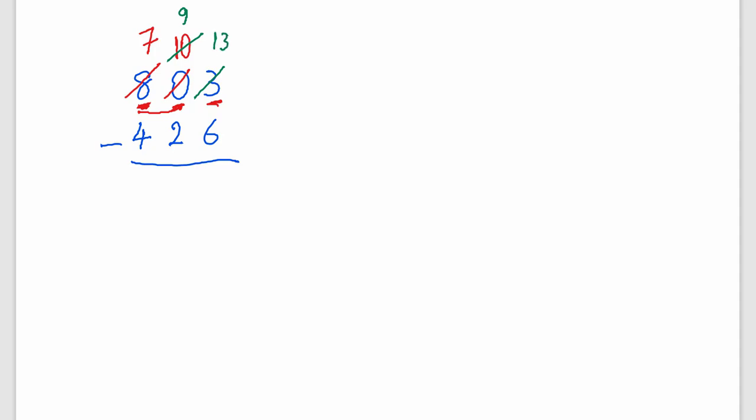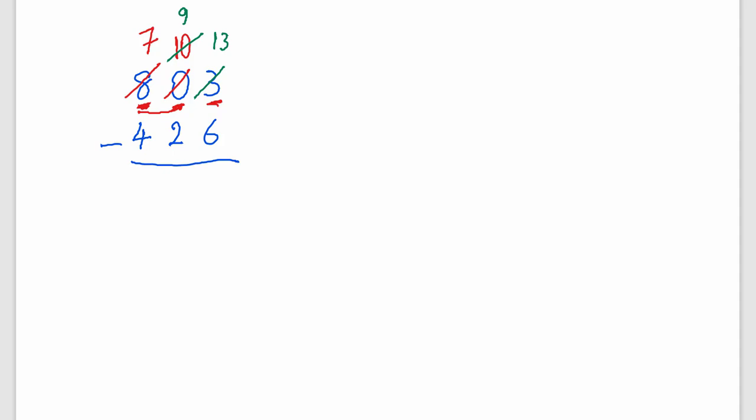It's very important, my hero, to cancel the numbers. Everyone, when you do regrouping, do not forget to cancel the numbers, and do not give the ones before you take from the tens, or you may forget to write 9 instead of 10.